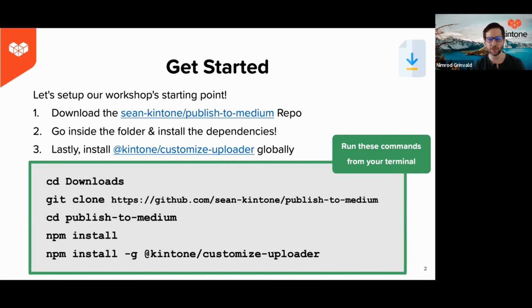And then you're going to install an npm module called Kintone Customize Uploader. And I'll explain what that does in a little bit, but it is a useful piece of code that allows us to automate some migration behavior from our local machines onto your Kintone instance on the web.